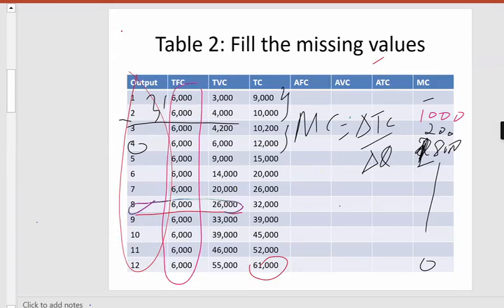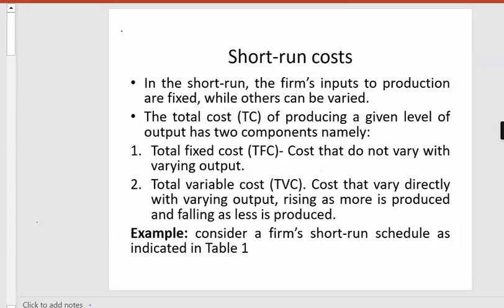In the short run, kitu cha kunoti hapo, the firm's inputs to production are fixed, while the others can vary. When you say one factor is fixed and the other can vary, manake there should be some investment cost. That's why you call it a short run cost.